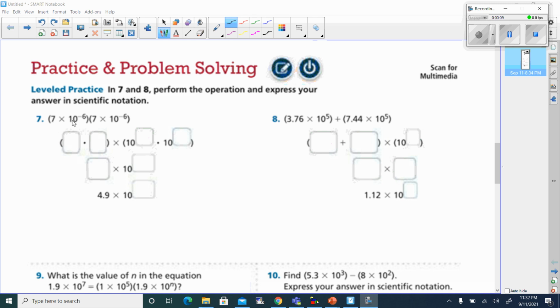We got 7 times 10 to the negative 6 power times 7 times 10 to the negative 6 power. If I'm working this out, I take the two numbers in front first and multiply them to each other. And then we have 10 to the negative 6 times 10 to the negative 6.